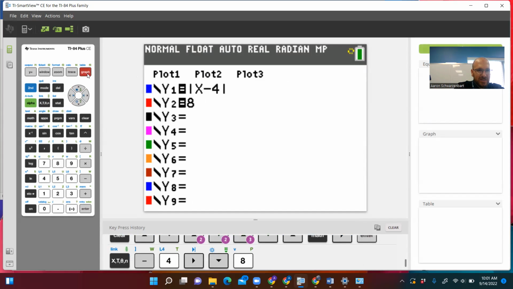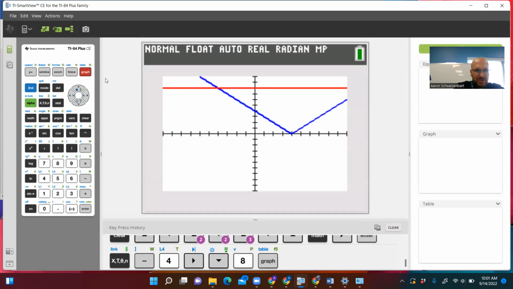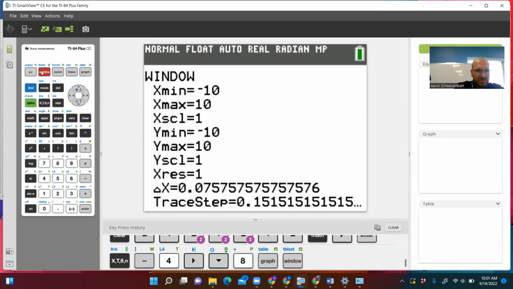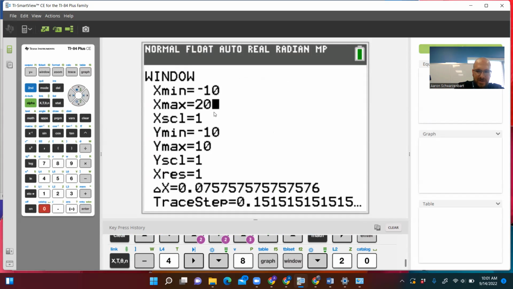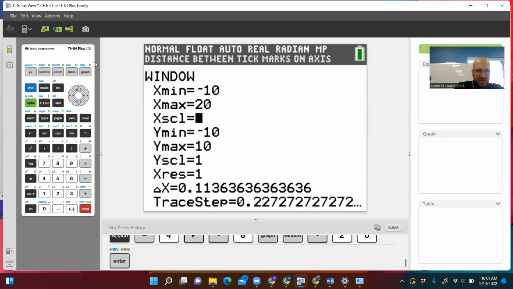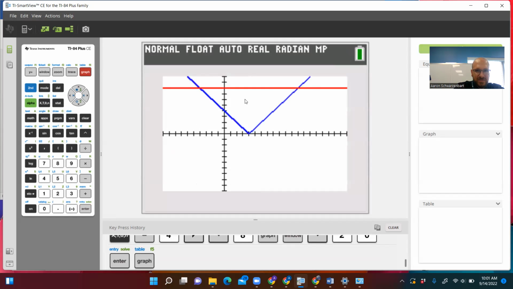And now I can graph. I'm already on the right zoom. No, I'm not. I need to change my window. I can't see my second intersection, so I'm going to change my x max to 20, because I happen to know that it was 12. Now I can find the intersects just like I did before.